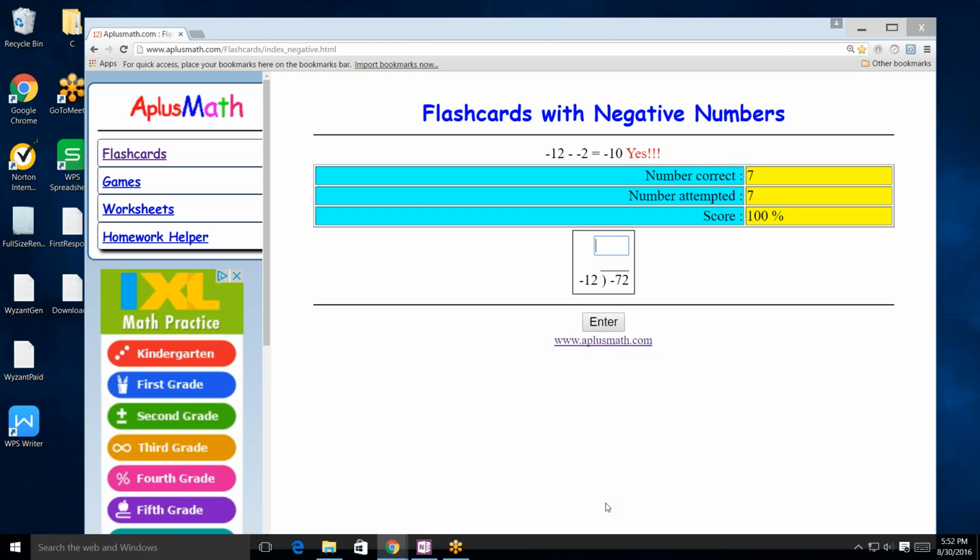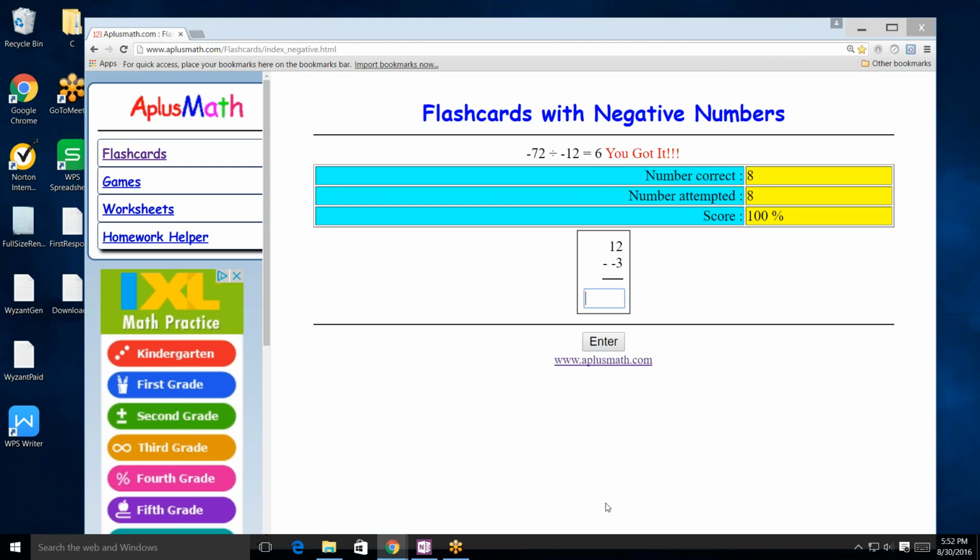It's either 5, 6, or 7. Which is it? 7. 6. No, it's 6. Sorry. Positive also. Yeah. 15. 13.